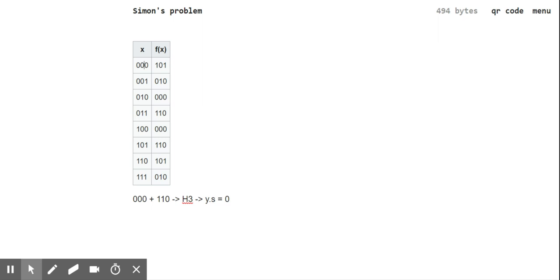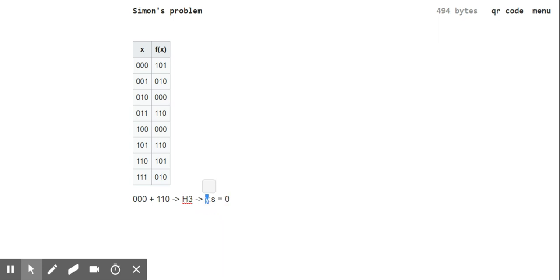So I wanted to do one video where I zoom in on that step, and we do the Hadamard by hand, then try to understand how that interference leads to finding that string y.